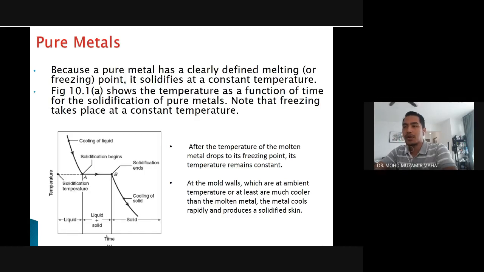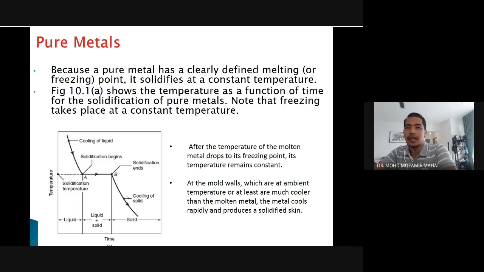It's like time is running until point B, and at point B, the solidification ends. Okay, so from B, it is cooling down to become a real solid.